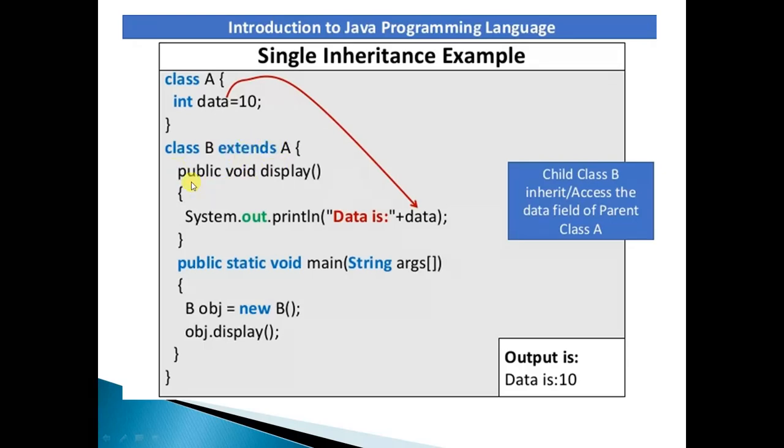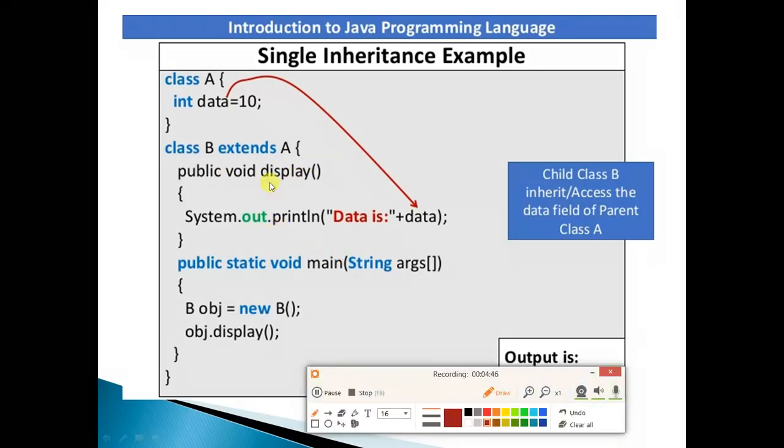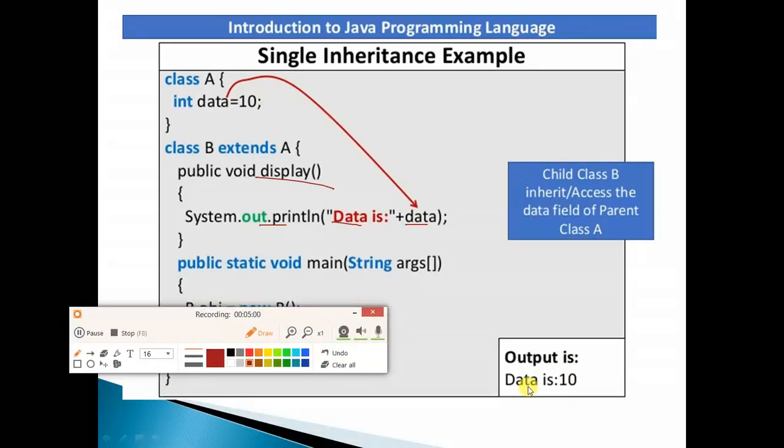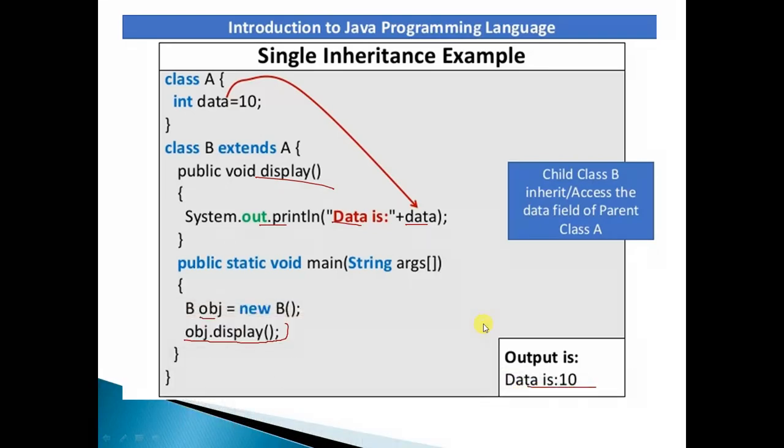In class B we have one function called display. We call that display function here by creating an object, and this function simply prints the value of data, and we get the output as 10. We will try to implement this in a practical session, so we are going to the practical right now.